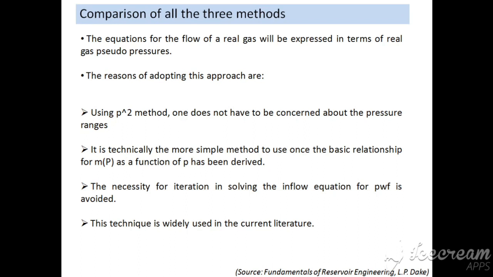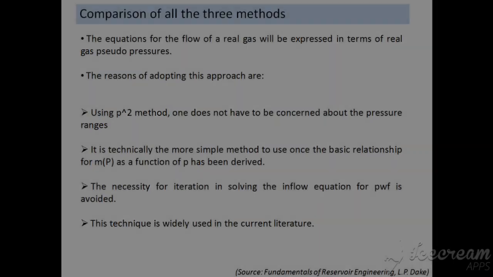Now the MP method is technically a simpler method to use, and it is used worldwide in greater proportion. The necessity of iteration in solving the inflow equation for PWF is avoided, so the solutions are easily obtained. There are always limitations and advantages to everything. These are the four points that I have tried to explain, and this technique is widely used in current literature. Why we have used the MP method is that it is used worldwide.